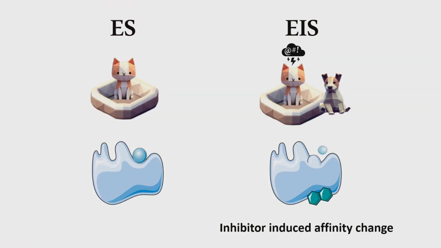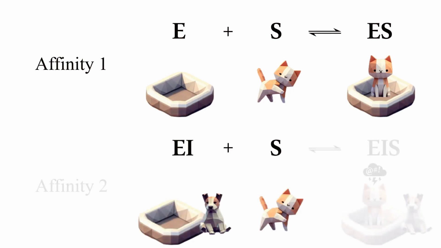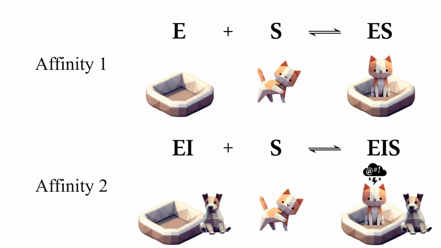In reality, the most likely culprits for a decrease in substrate affinity, like a dog sitting by the cat's bed, should be attributed to crowding of the enzyme's substrate binding site or the induction of a conformational change in the enzyme, which, while not preventing enzyme and substrate from coming together, decreases the likelihood.